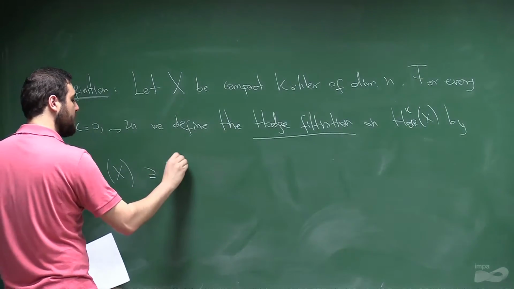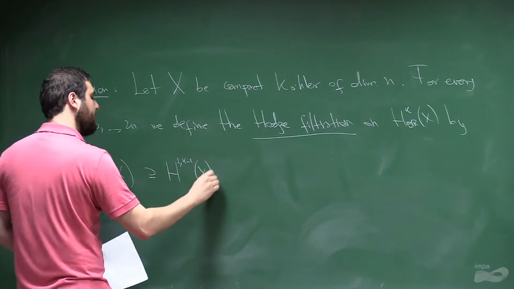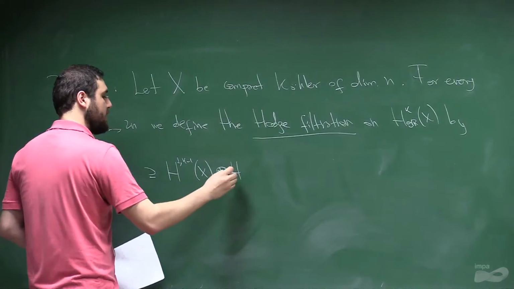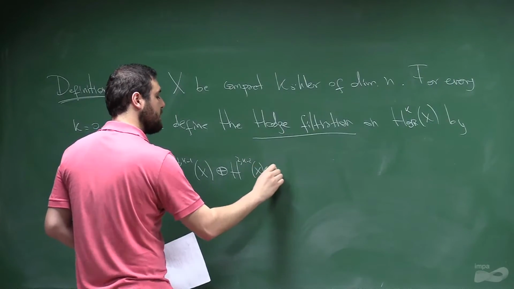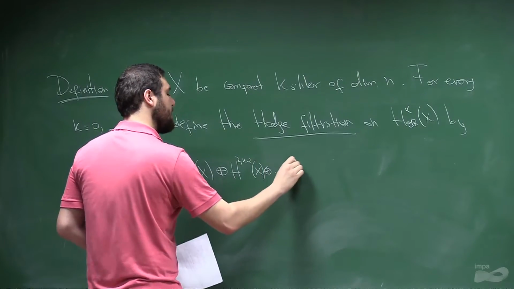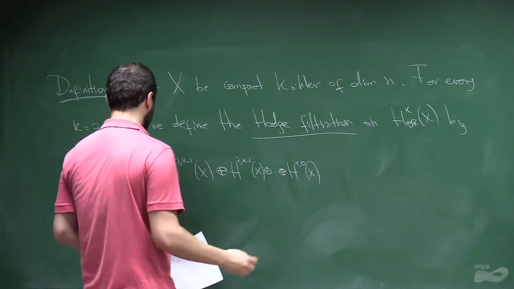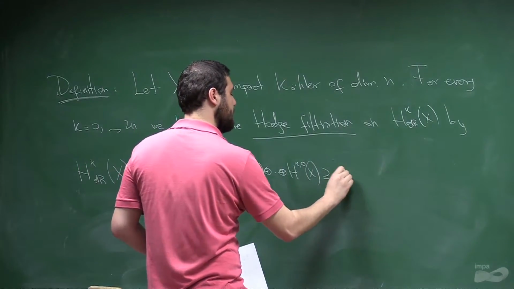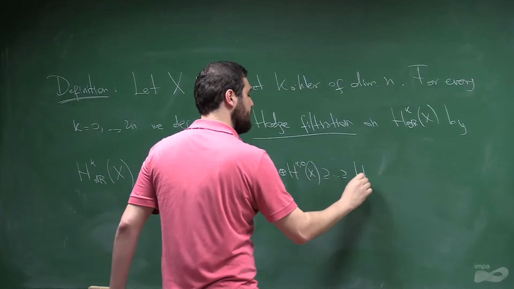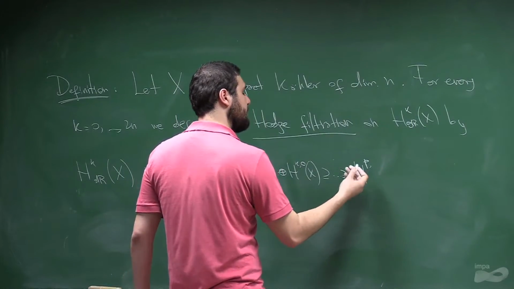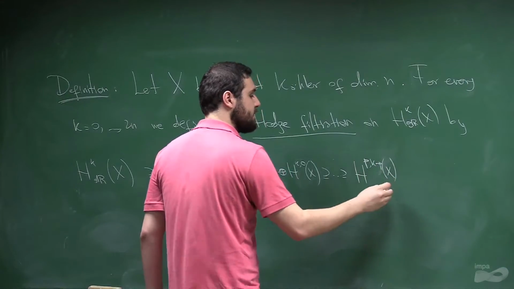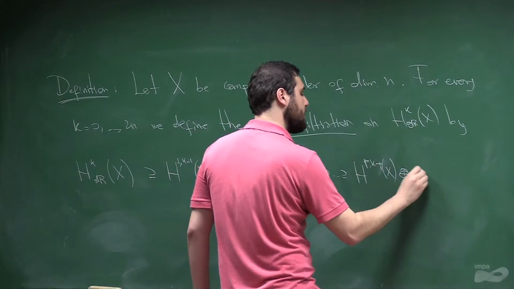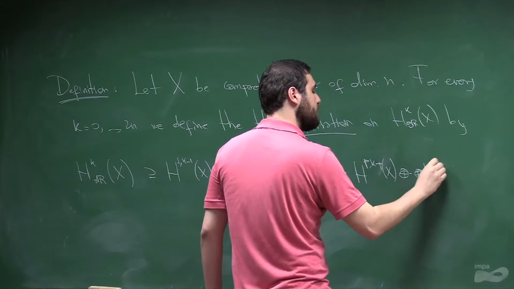So we have H^{1,k-1}(X) plus H^{2,k-2}(X) and so on, up to H^{k,0}. And we continue in this way. So at the level p, we will have H^{p,k-p}(X) plus and up to H^{k,0}.